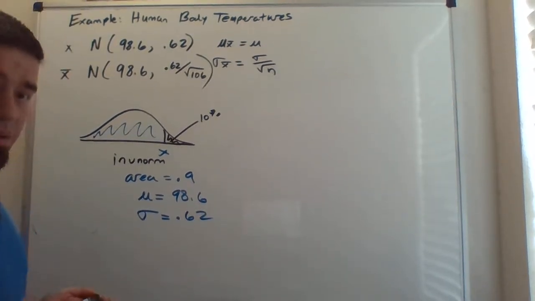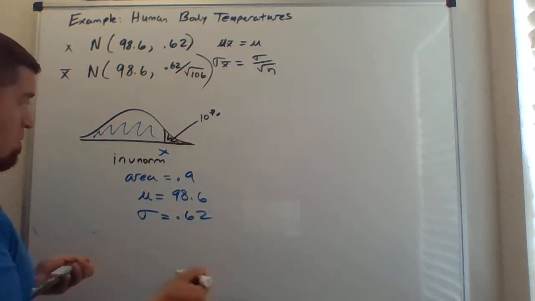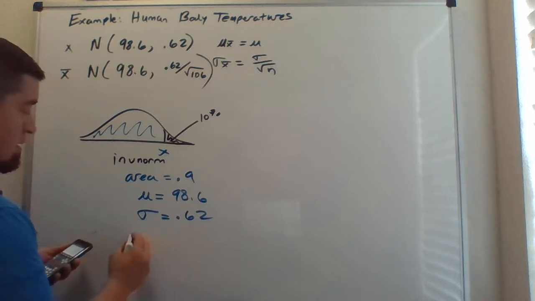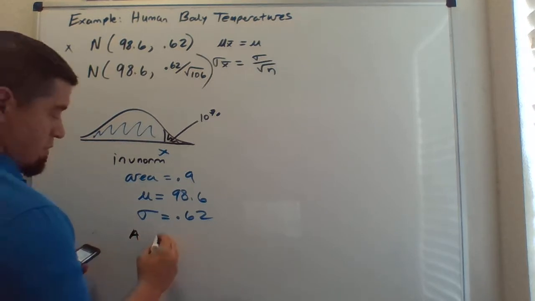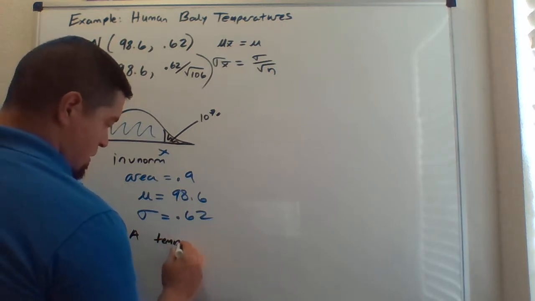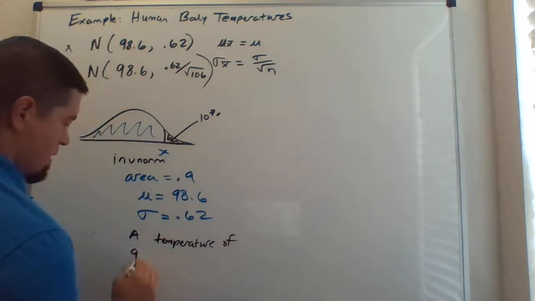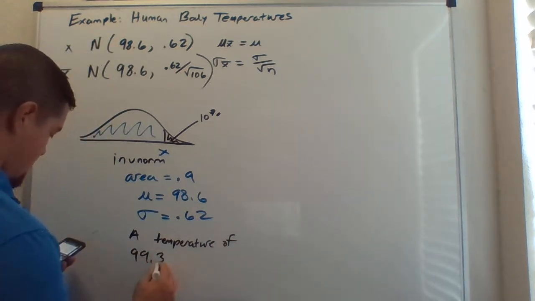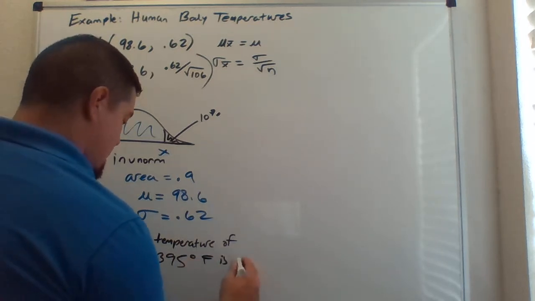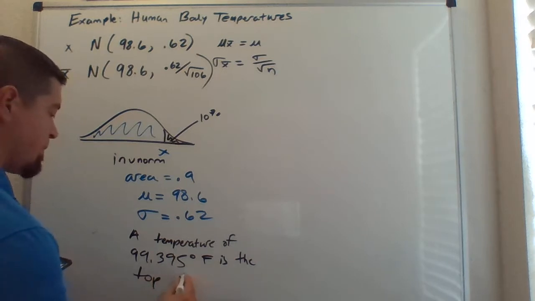So hopefully you tried it, and after you input it into the calculator, what you get is 99.39, or we could say in a sentence, a temperature of 99.395 degrees Fahrenheit is the top 10%.